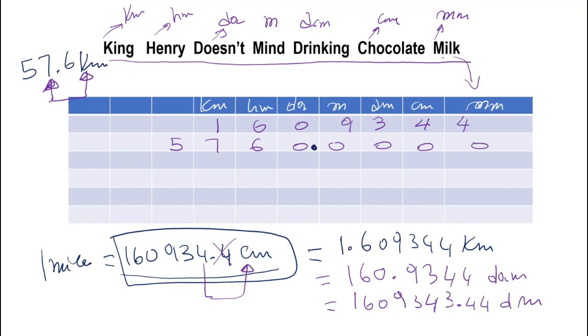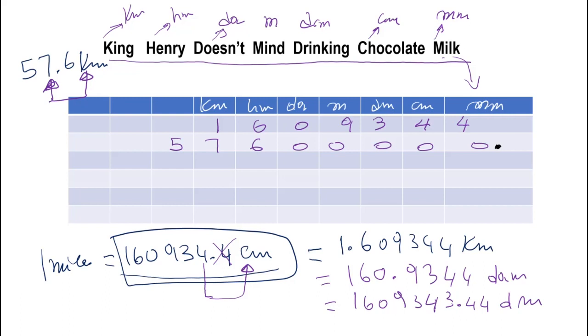This is my decameter. It will be 5,760 decameter. If I want it in, I don't know, millimeter, I put my decimal point in the back of this. Then I count how many zeros I have. It will be 57,600,000 millimeter.